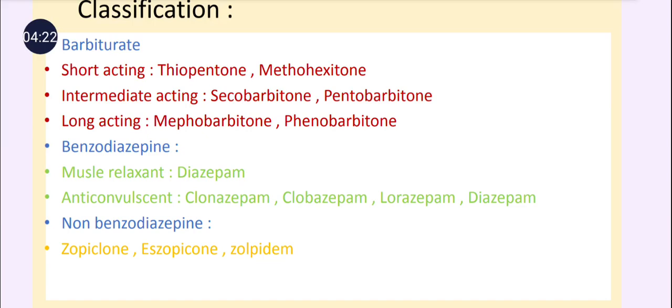So this is the classification depending upon their duration of action, and here the classification depending upon application is given. Then non benzodiazepine class drugs are also called Z drugs to treat insomnia, because the names of all these drugs start with the letter Z, like zopiclone, S-zopiclone, zolpidem. So this is all about the classification of the sedative and hypnotic drugs.